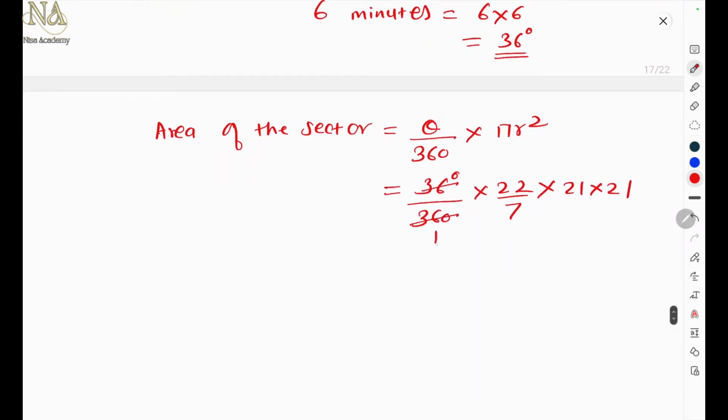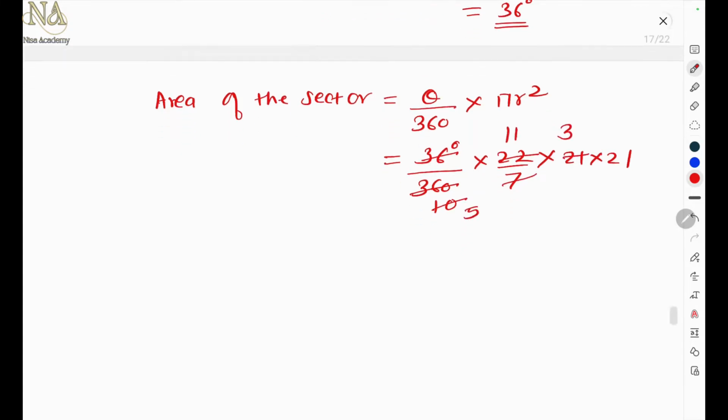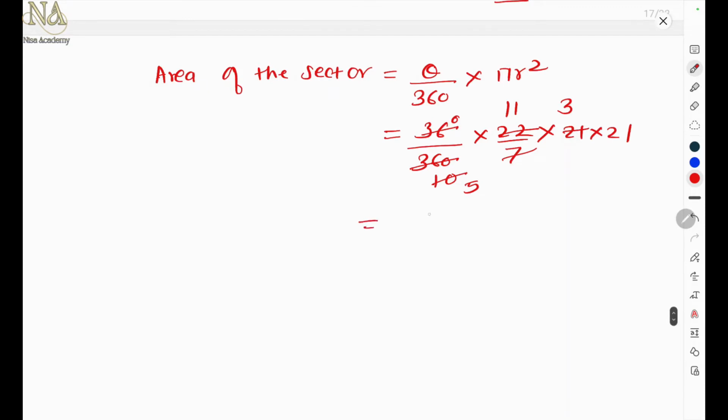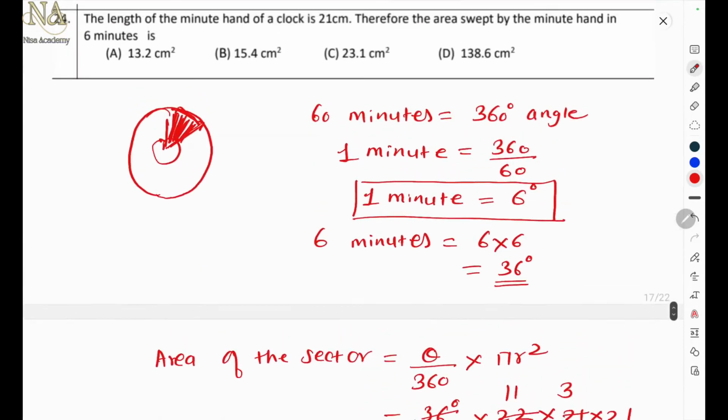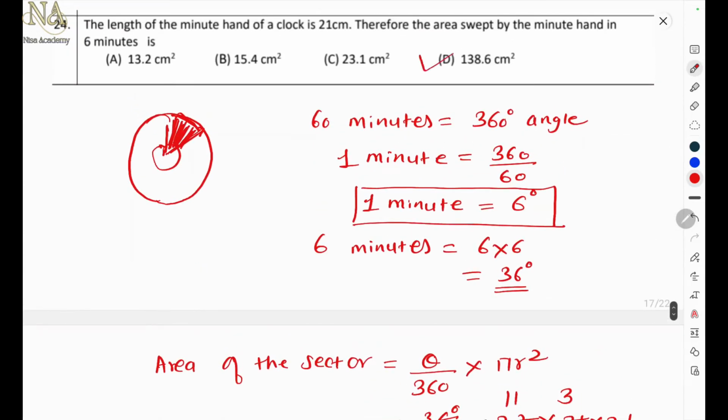Simplifying: 36 tens are, then 2 fives are, 2 elevens are, 7 threes are. So which is 33 into 21 by 5. When you multiply, it comes to 138.6 centimeters squared. So the answer is option D.